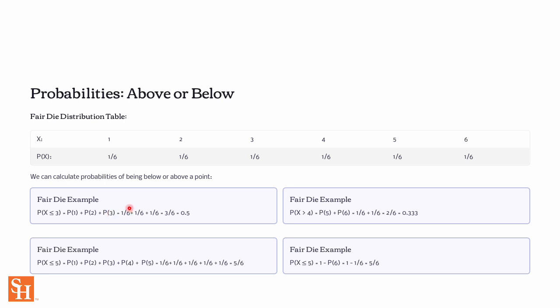What is the probability that the die will show 1? 1 over 6. Show 2? 1 over 6. Show 3? 1 over 6. Therefore, you just take the sum of these 3 probabilities, and that gives you 3 over 6, which is 0.5.